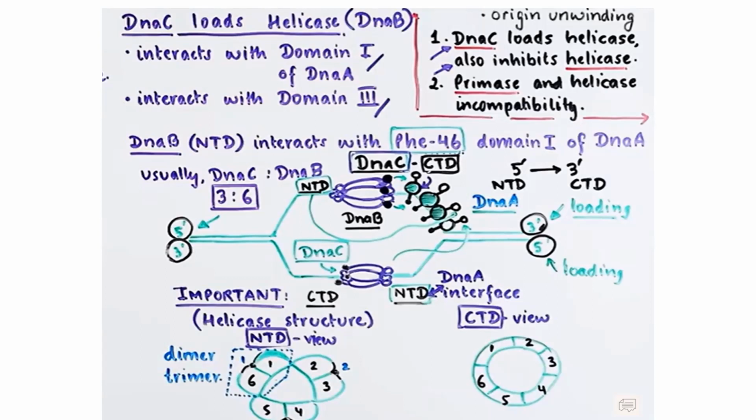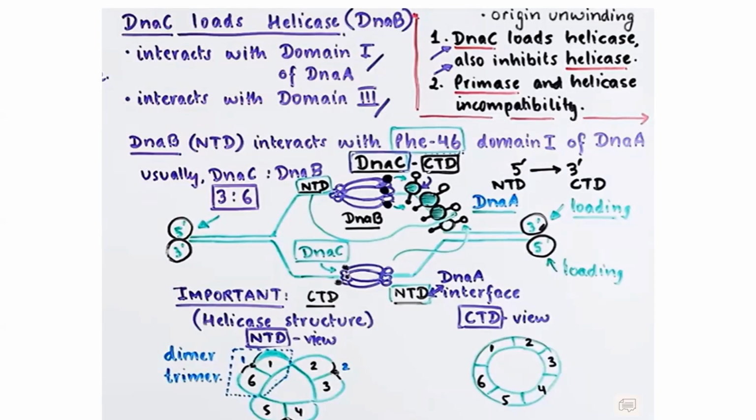So essentially, this means that the loading of helicase on this top strand is mediated primarily by the DNA C, DNA A interaction, whereas loading of the bottom strand is mediated by N-terminal domain interaction with domain 1 of DNA A, and specifically by the phenylalanine interactions. This doesn't mean that the N-terminal of the other helicase does not interact with the DNA A, but its position suggests that interaction in the other cases is less frequent.